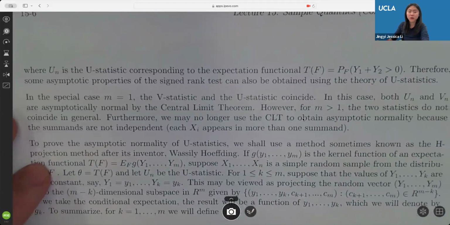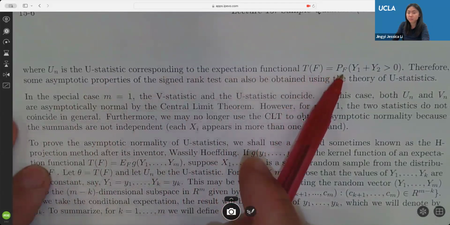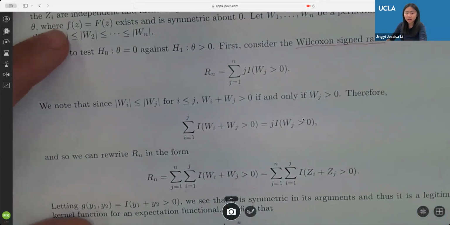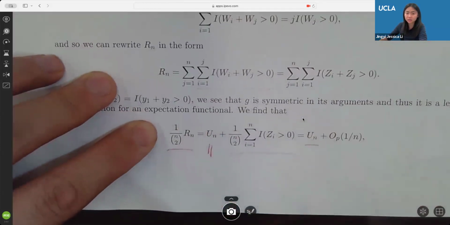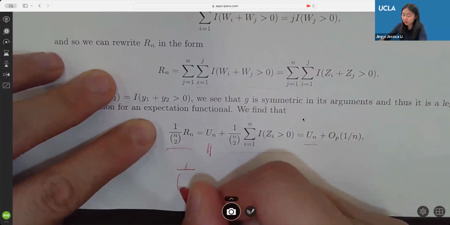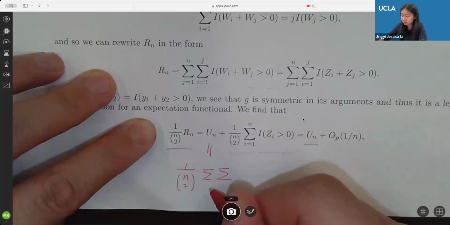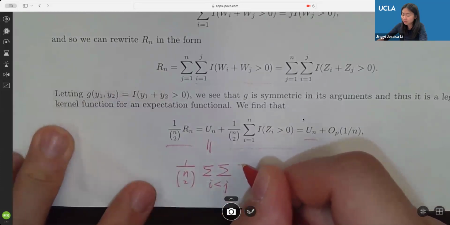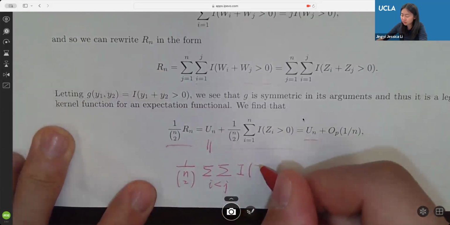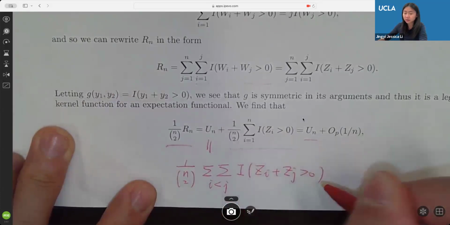So this is what I just said. Where Un is the U statistic corresponding to the expectation functional probability. Okay, so basically you see, this is the U statistic I'm having here. So this one is what? Let me just write it down so it's clearer. 1 over n choose 2, sum over i less than j, G, because it's an indicator, Zi plus Zj is greater than 0.